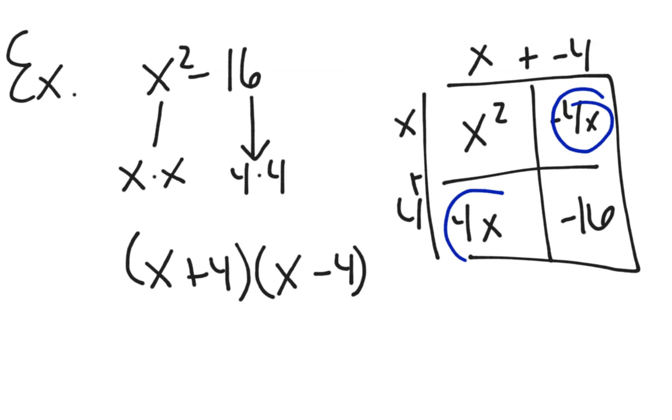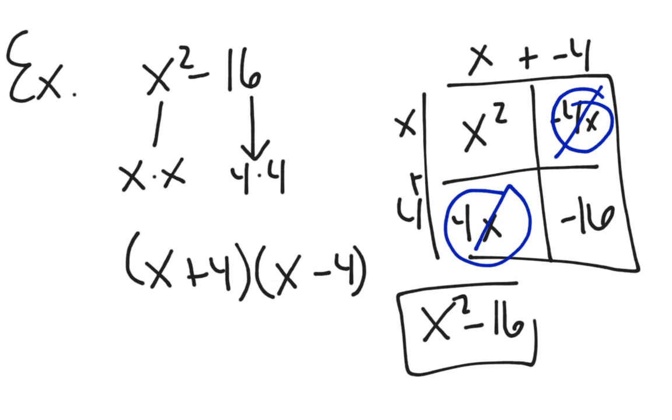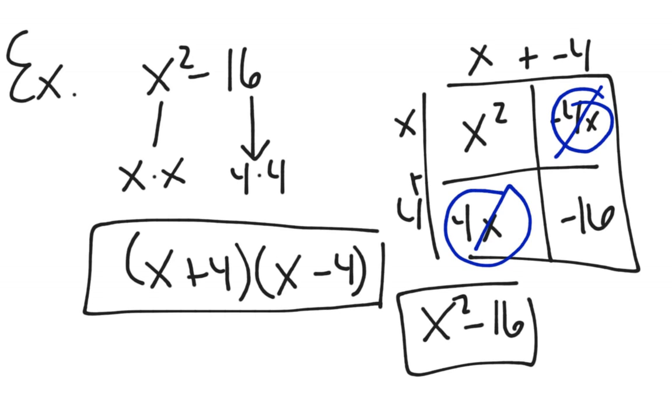Minus 4x and plus 4x are going to cancel each other out, and I'm left with x squared minus 16, which means I factored correctly. So my final factored form is x plus 4 times x minus 4.